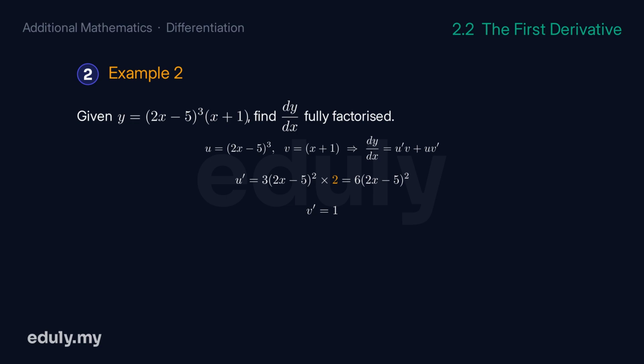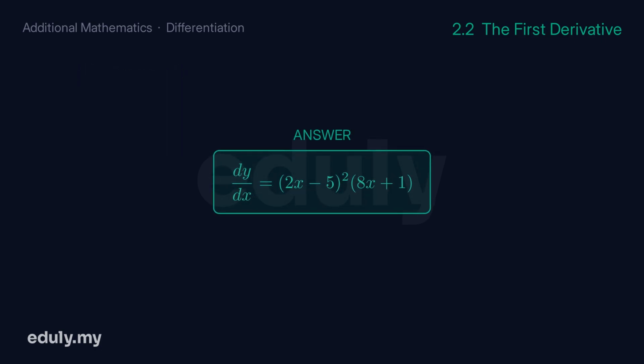Do not forget the inner derivative, too, from differentiating 2x minus 5. Substitute both derivatives in, then both terms share the common factor, 2x minus 5 squared, so take it out. Simplify the bracket and dy over dx equals 2x minus 5 squared times 8x plus 1.